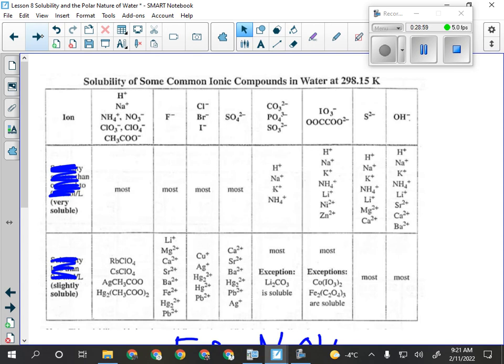Okay, let's have a look at our solubility chart. Now I think yours actually looks a little bit different from this one.